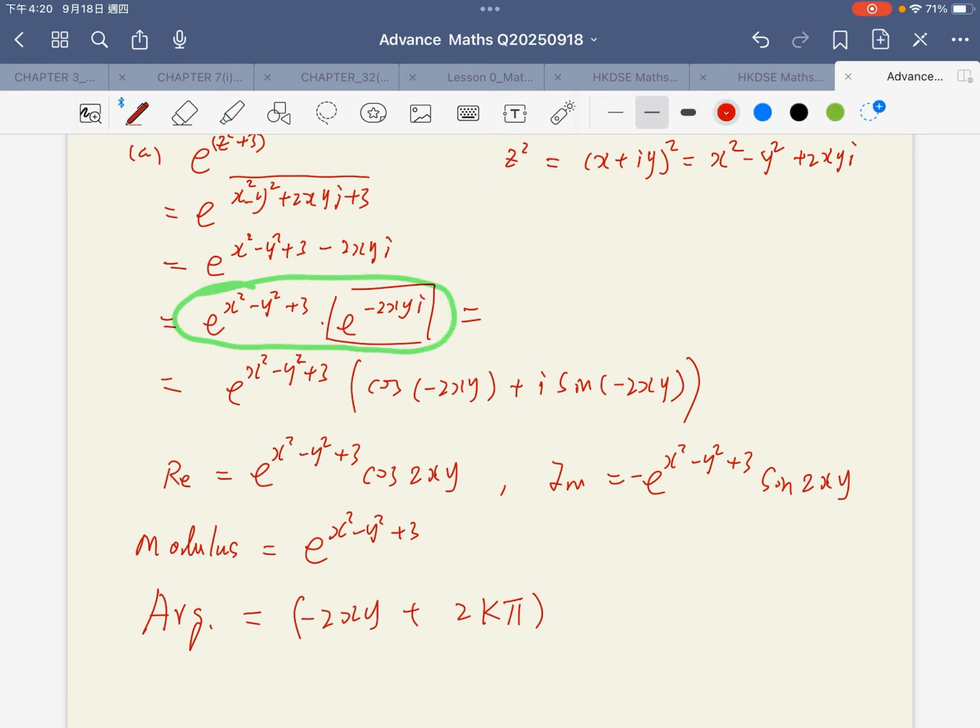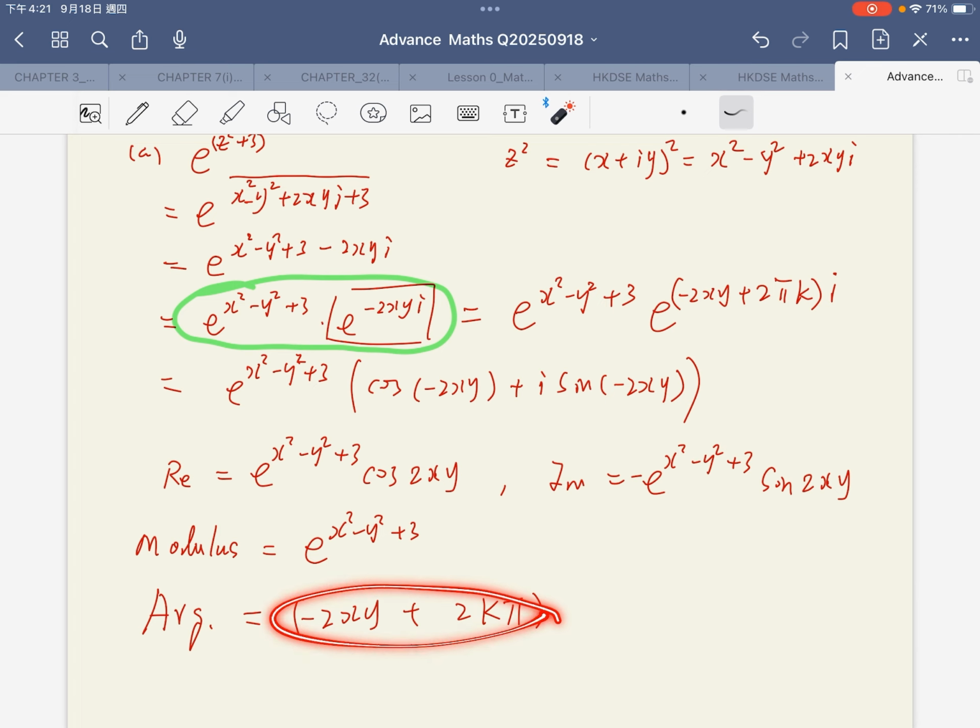We can write this in the branch form, plus 2k pi i. They are the same. Therefore, the argument should be equal to this one.